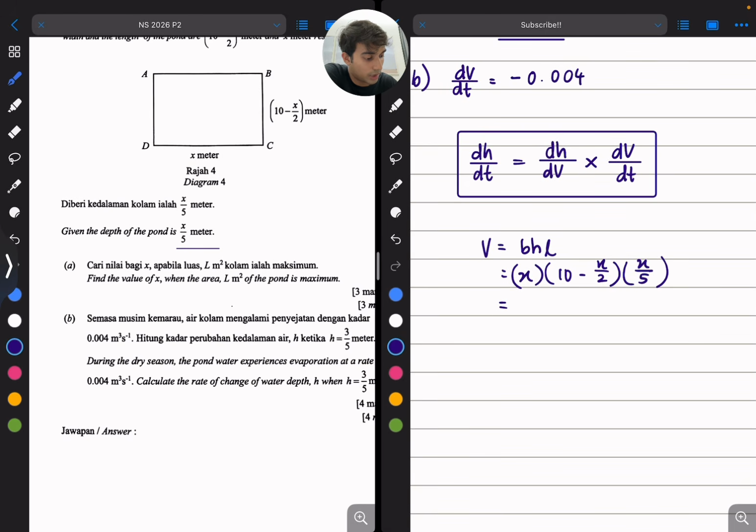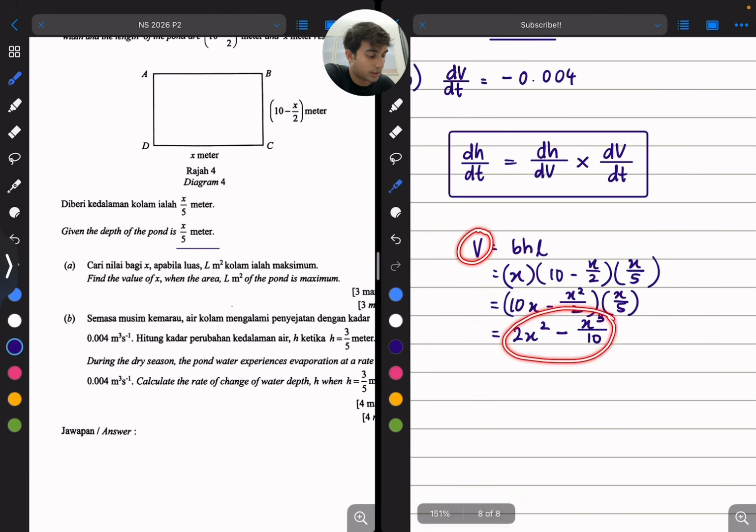Okay, so here we expand 10x minus x square over 2 times x over 5. So we have to expand again. So 10x times this, we get 10x square over 5, which is basically 2x square. This times this, we will get x cube over 10. Okay, this is volume in terms of x.